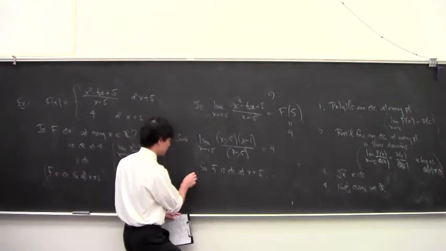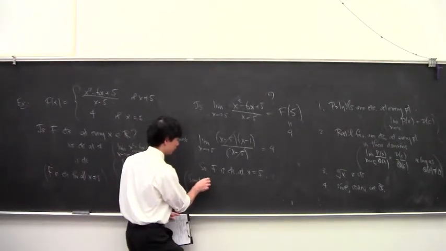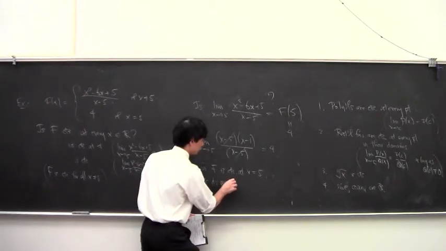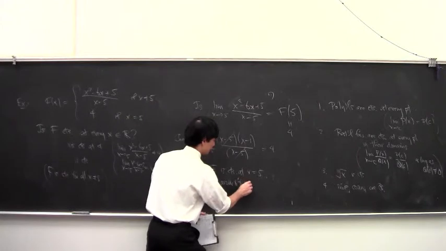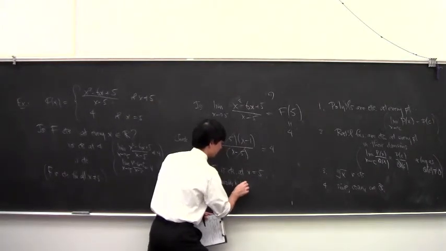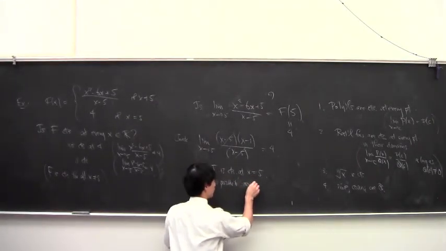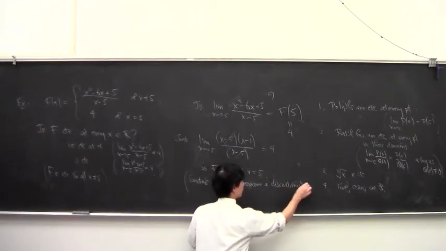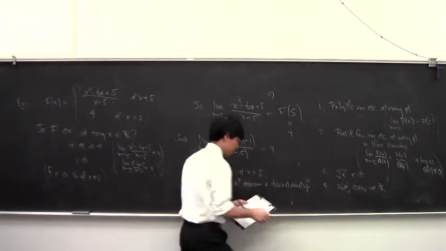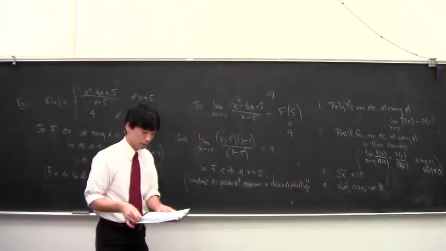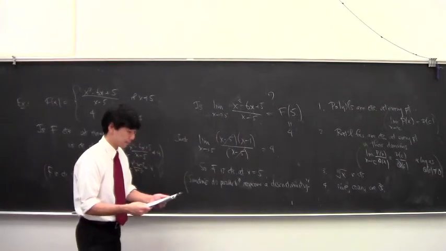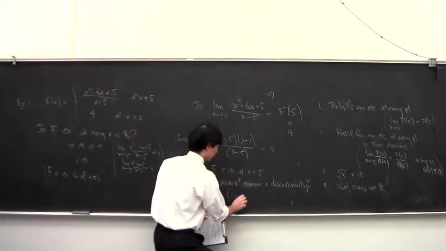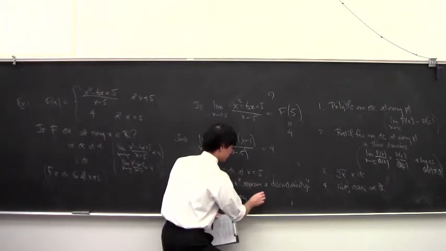The moral of this example is that sometimes it's possible to fill in or remove a discontinuity. This is what the book calls creating a continuous extension.